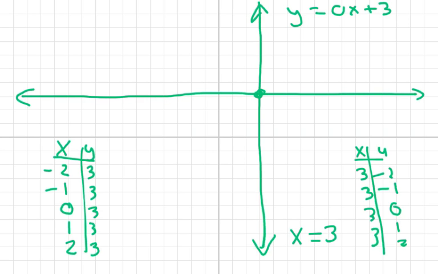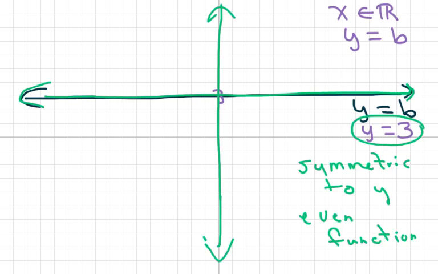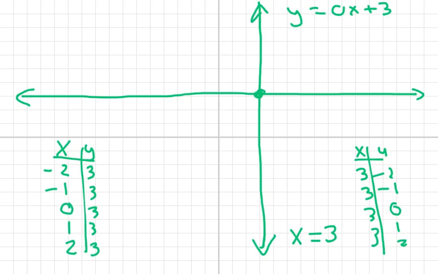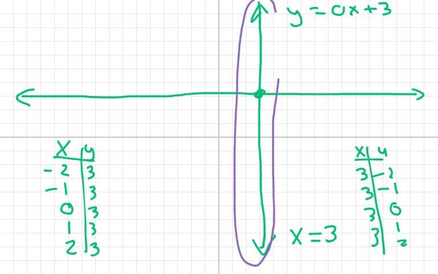But it's not a function. So when I went back to here and said this is not 1-to-1, that means we don't have an inverse. So there's no inverse at all. I just wanted to graph, switching the x and y's. This right here is not a function because it fails the vertical line test.